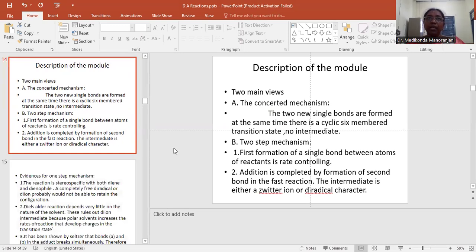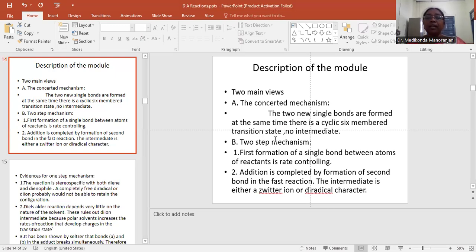Now there are two main views regarding the mechanism. Number one, concerted mechanism. Two new single bonds are formed at the same time, there is a cyclic 6-membered transition state. There is no intermediate. This is the first view regarding the concerted mechanism.